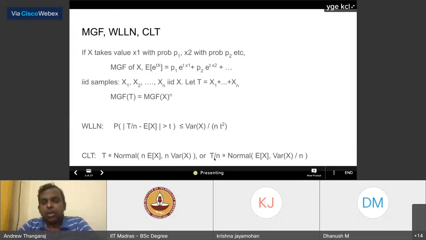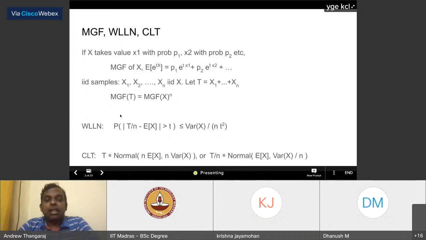If you divide by root n, then you get a constant variance; the variance becomes exactly the variance of X. If you don't divide, the variance keeps growing. If you divide by n, the variance keeps falling, right? It's a very, very powerful result.